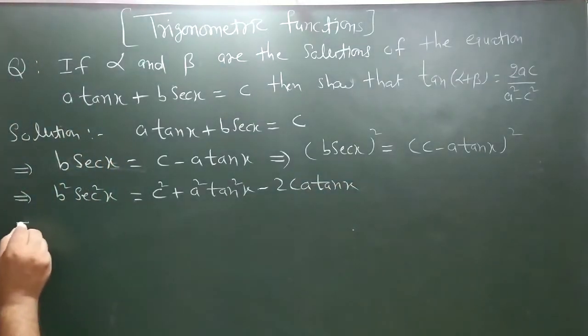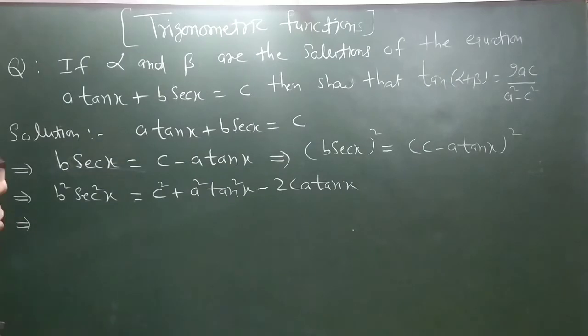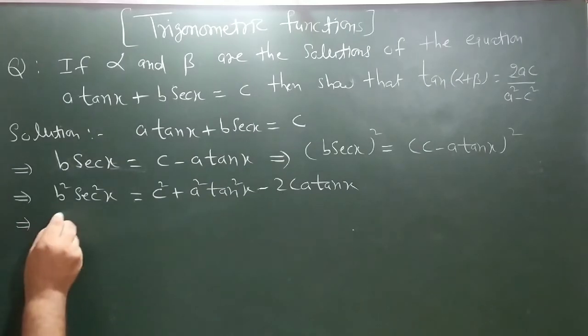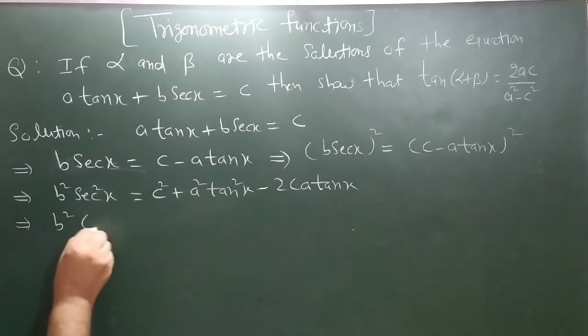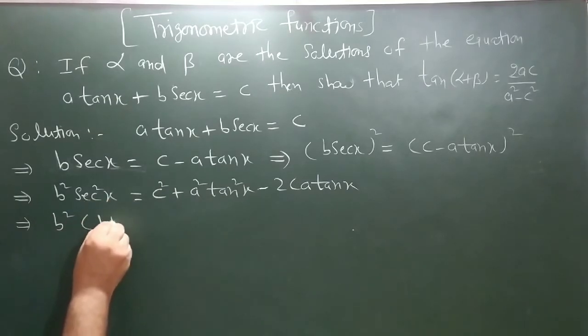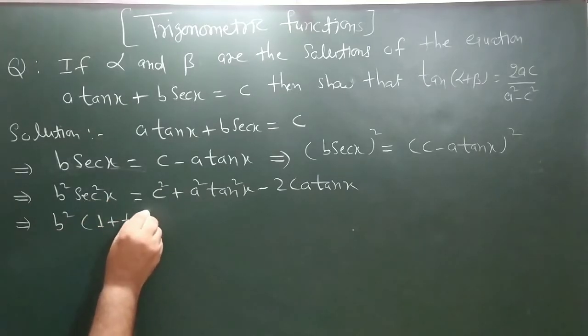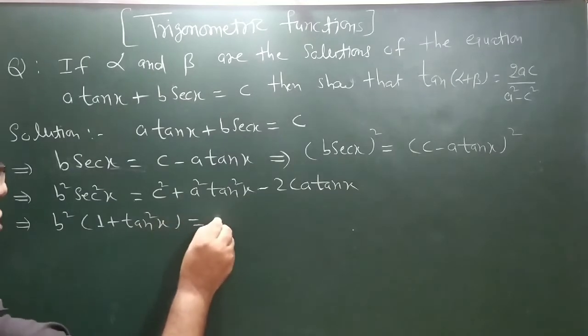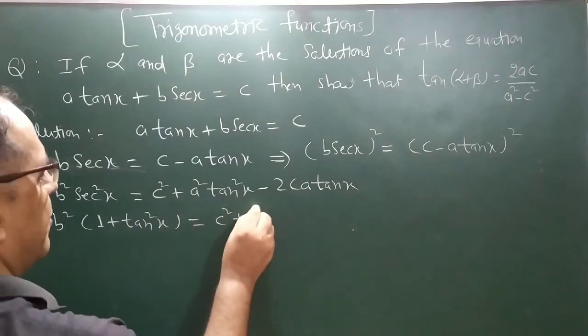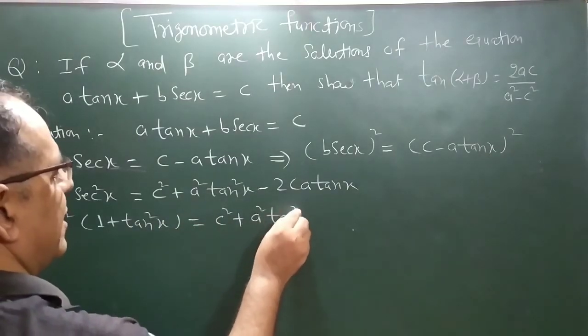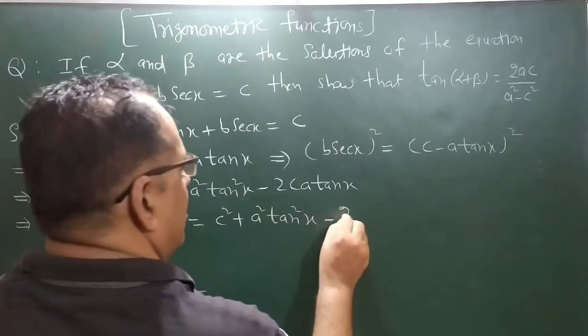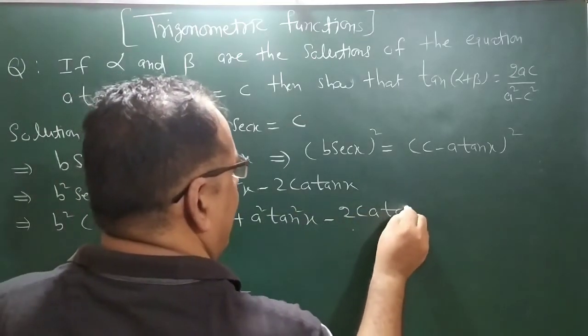Now arrange these terms. Again, b square, apply the Pythagoras identity, so sec square can be written as 1 plus tan square x equal to c square plus a square tan square x minus twice ca tan x.